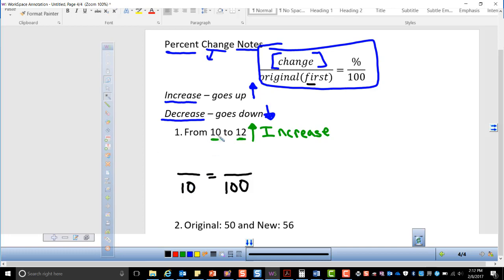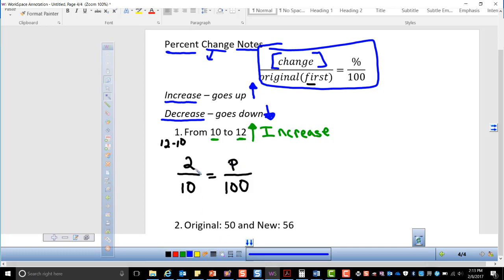How much did it change? The difference between 10 and 12 is 2, because I do 12 minus 10. 12 minus 10 is 2. That's the change or the difference. And then we don't know the percent. We're looking for the percent change, so I'm going to put P.